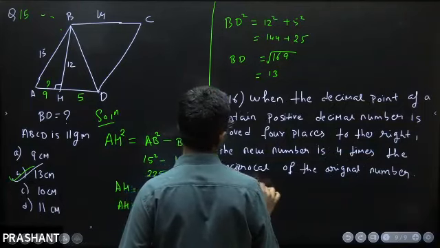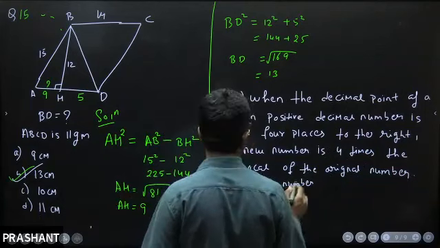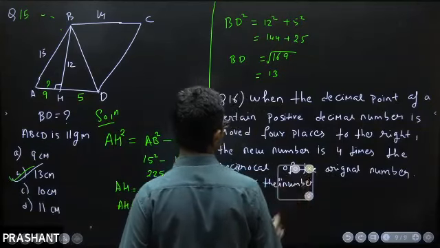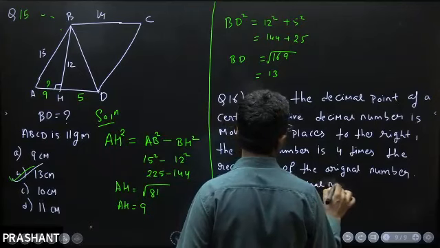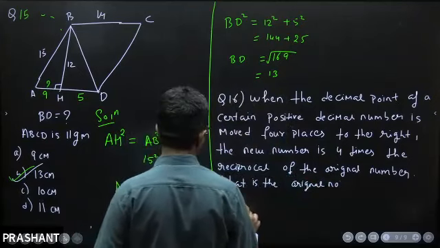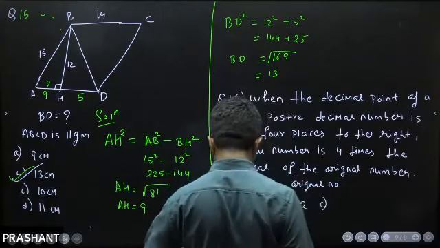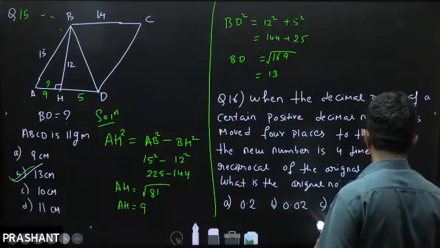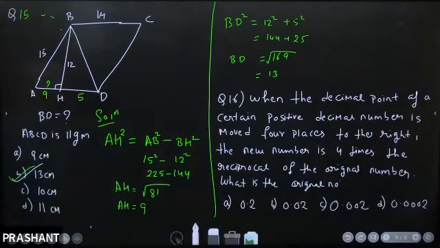What is the original number? Option A 0.2, option B 0.02, option C, option D. आया किसी का आंसर ये वाला 16th वाला?